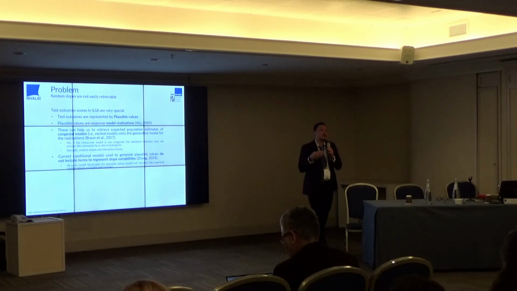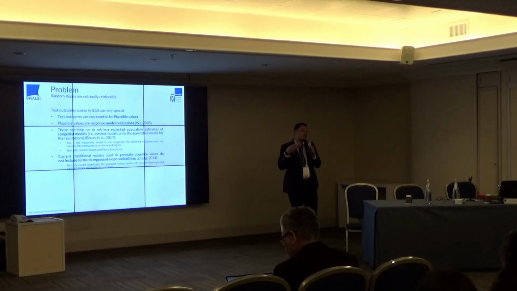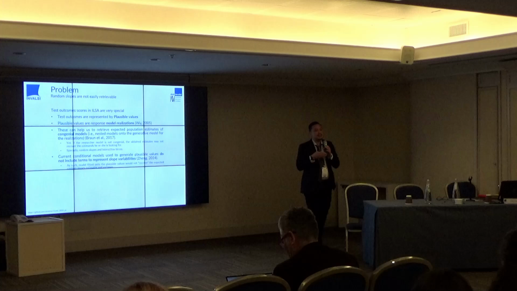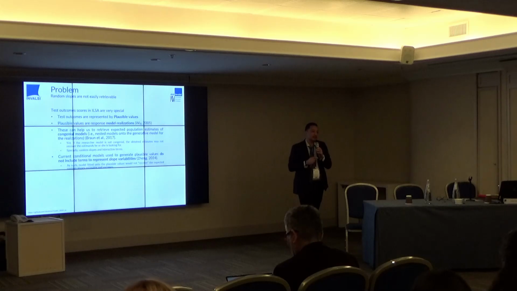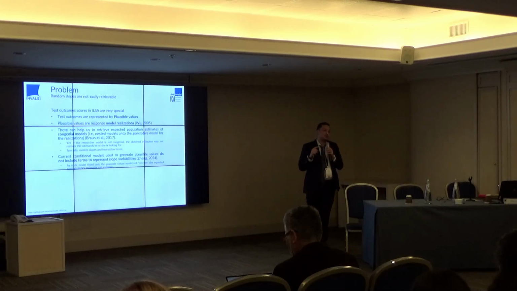So for example, in the case of ICCS, if you use data from 2009 and you use the plausible values as released, these are not going to be really good tools to get information on the variability between schools. The most likely scenario is that these are going to be underestimated. That's not the case with how the plausible values were generated for the same study in 2016.